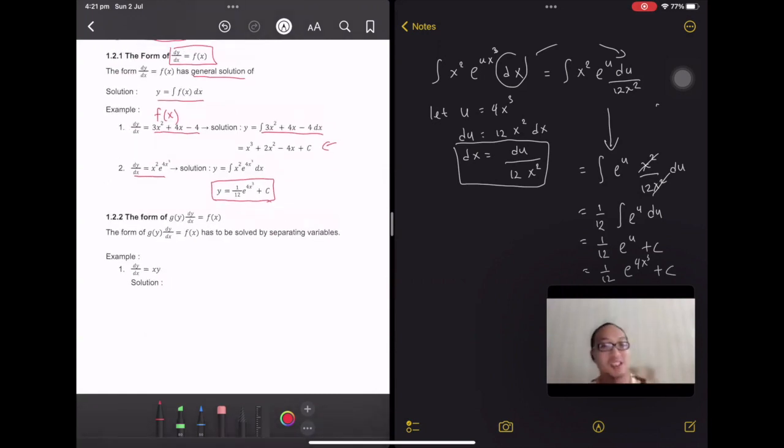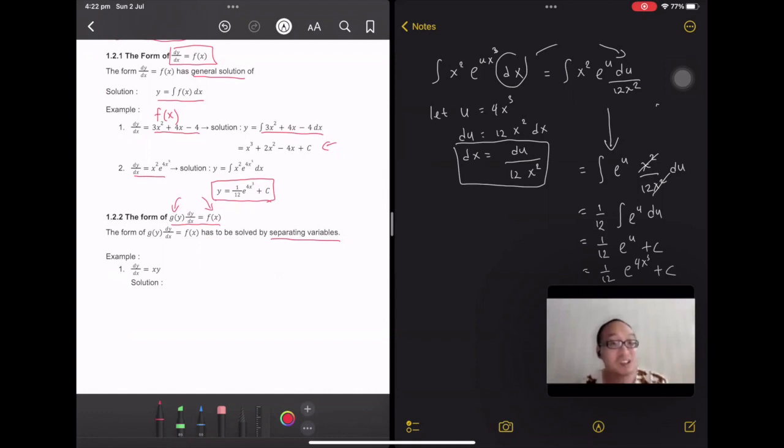Next, the second form is g(y) dy/dx equals f(x). From this form, we can see that the function of y is separated from the function of x. So here we have a method called the separating variables method.